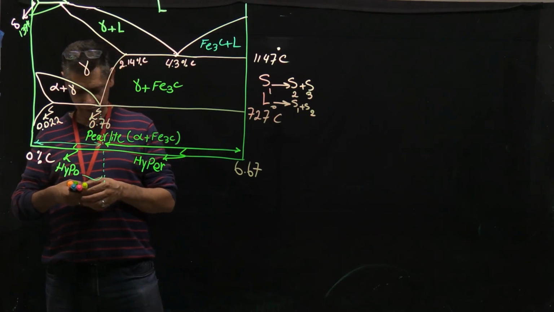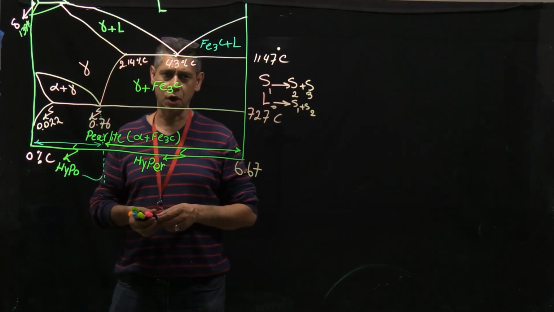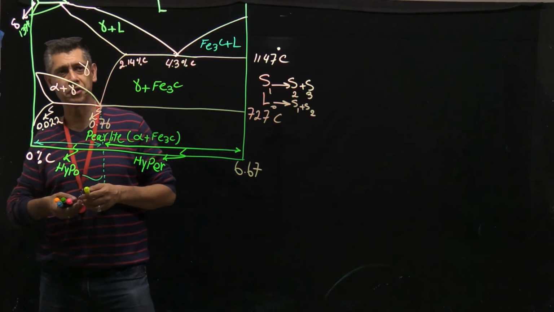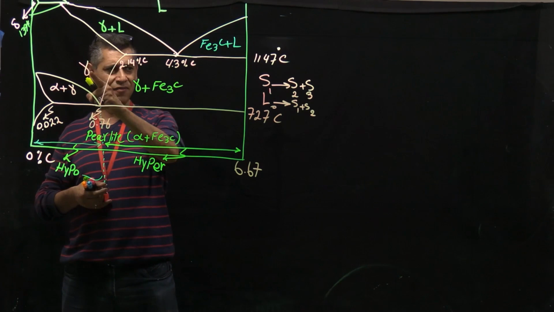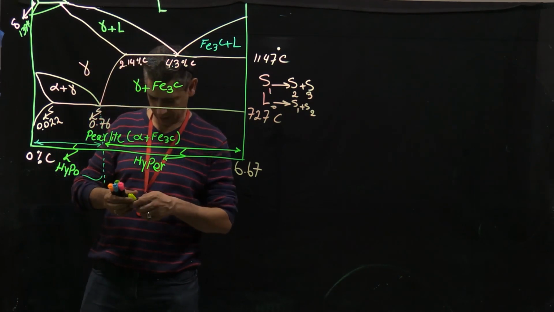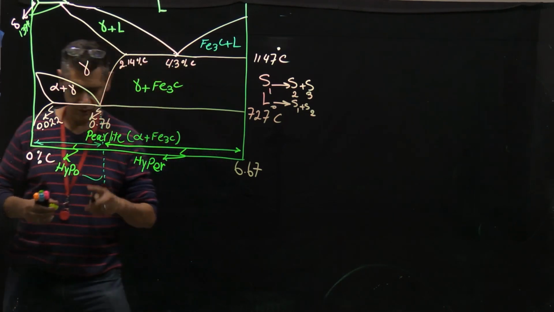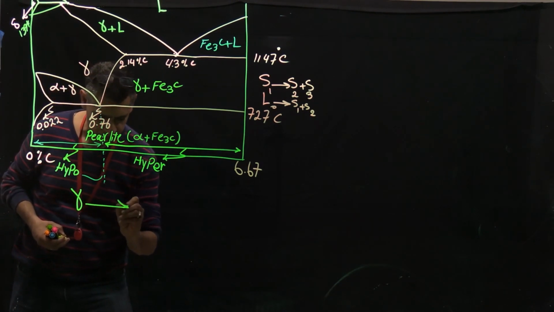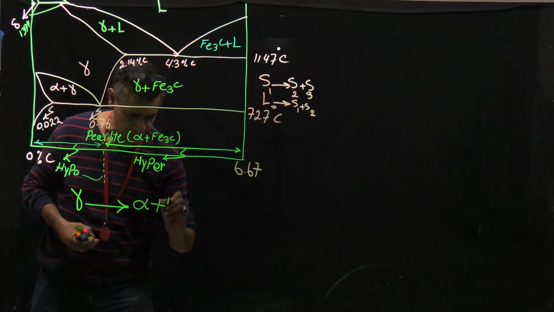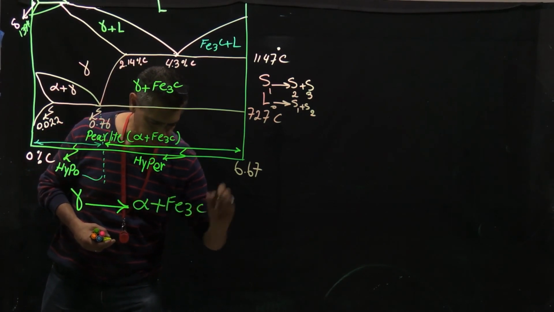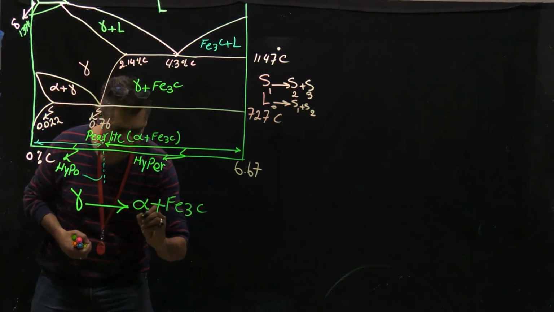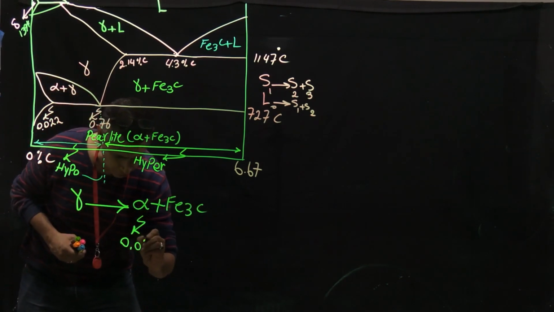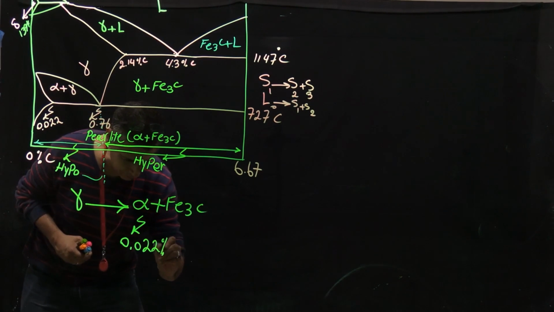So first of all, let's talk about the eutectoid phase transformation in carbon iron. We have austenite, FCC. It forms ferrite plus cementite. We know the carbon content of ferrite, no matter how much you have, is 0.022% carbon.